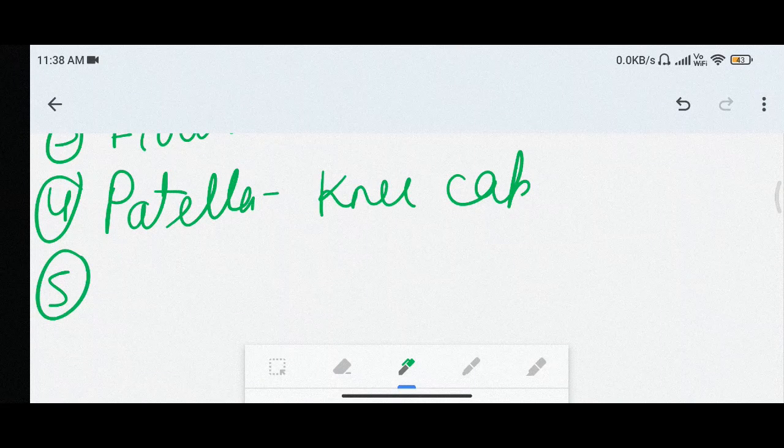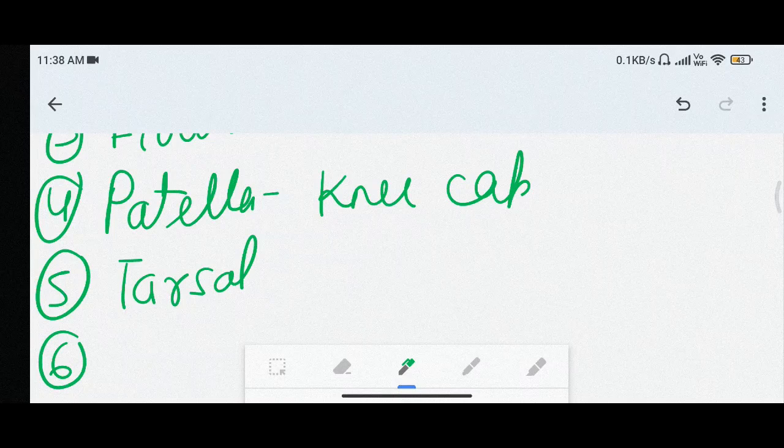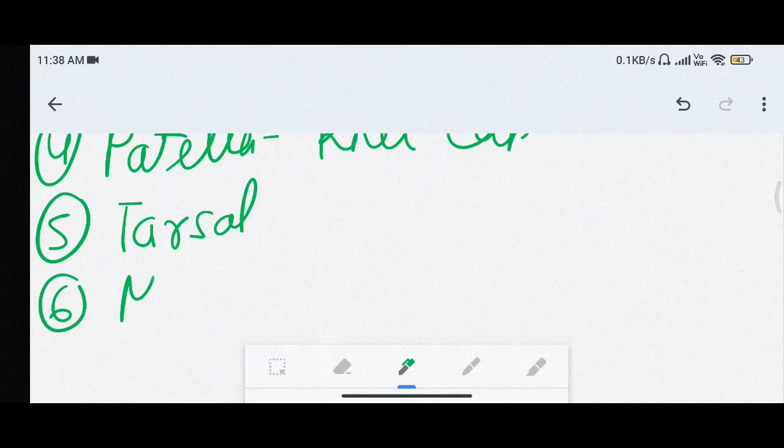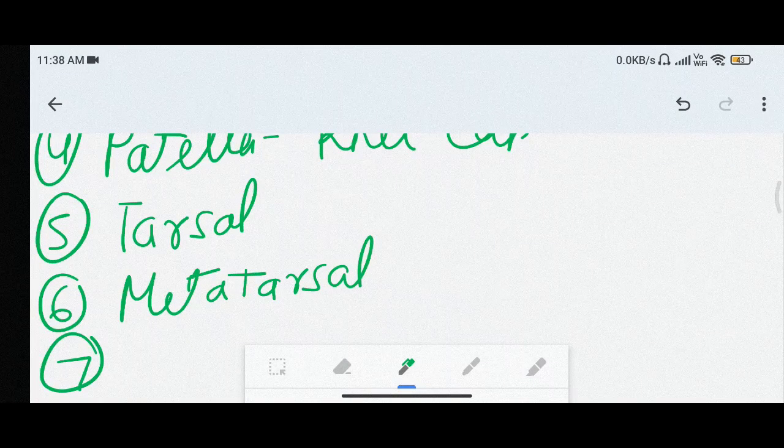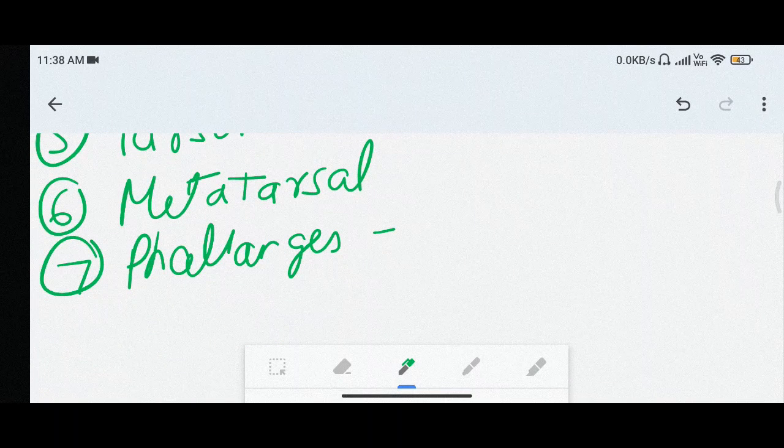Then is your tarsal. Sixth is your metatarsal. And the 7th one is your phalanges. Phalanges, okay. It is also your digits or toes.